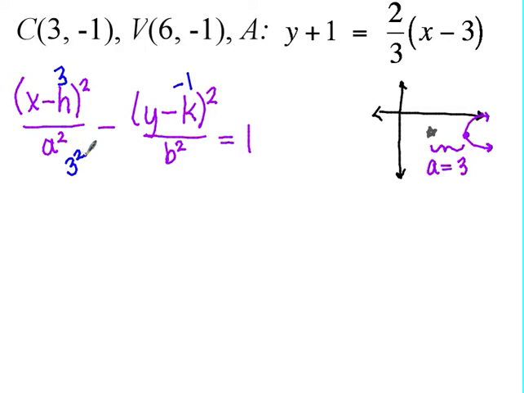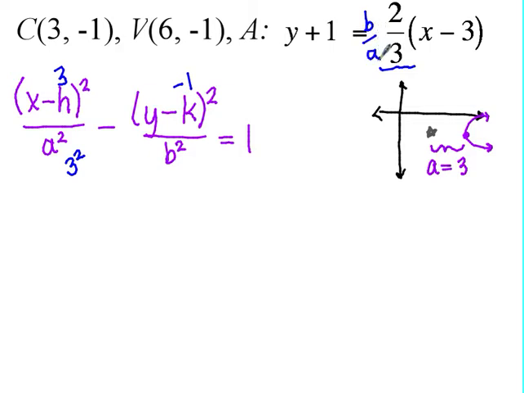So I'm going to use that tidbit of information that they give me. They give me the asymptotes. That's what it means when it says A, asymptotes. And so when I think back to yesterday, if it opened left to right, was this number A over B or B over A? It was B over A if it opened left to right.